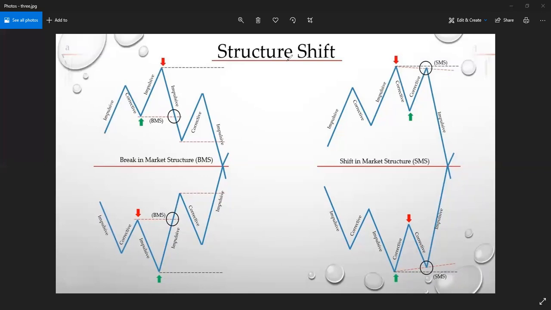Okay, we just finished talking about the shift in market structure. When we're talking about the break in market structure, the first one, before shift in market structure, the market makes the first impulsive move and correction.